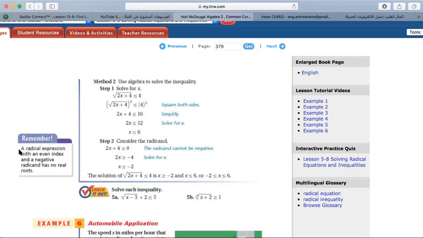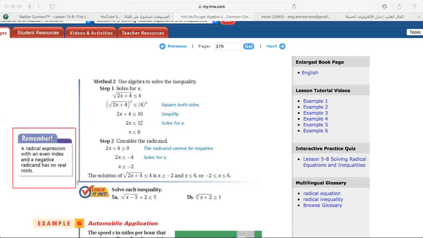Remember here, a radical expression with an even index and a negative radicand has no real roots. Just to remember.